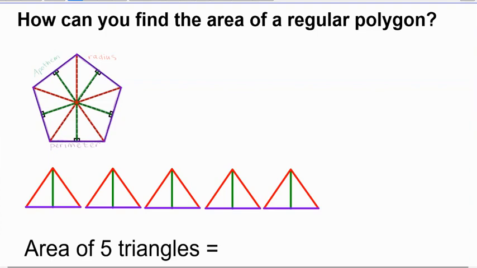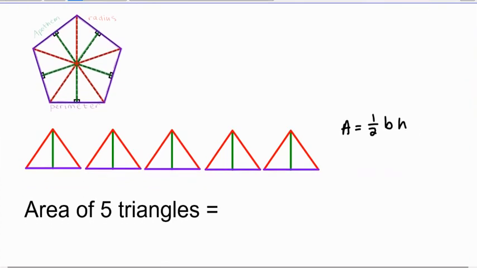Okay, in order to find the area of one triangle, you'll recall we just need to do 1/2 times base times height. Okay, in order to find the area of all 5 triangles added together, you would do 5 times 1/2 times the base times the height of an individual triangle.